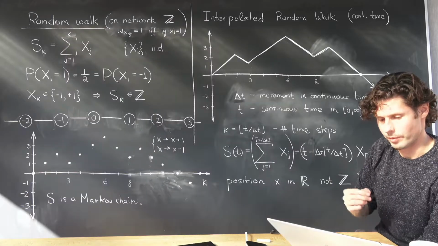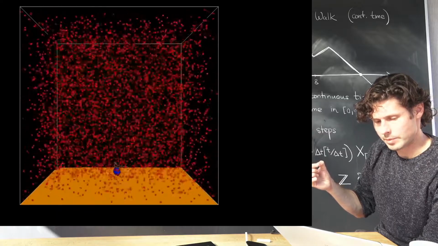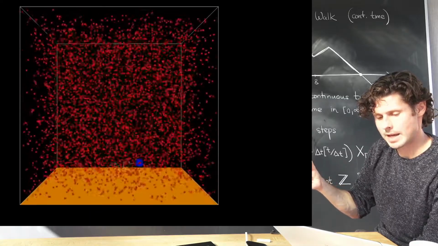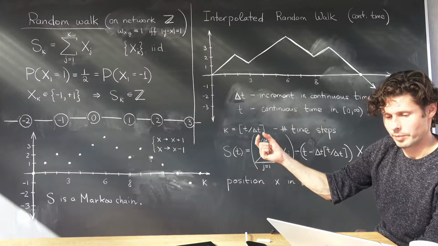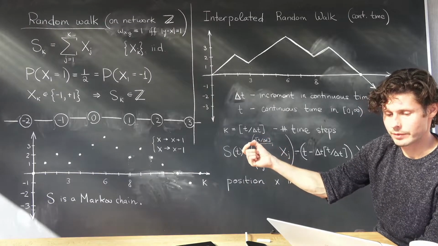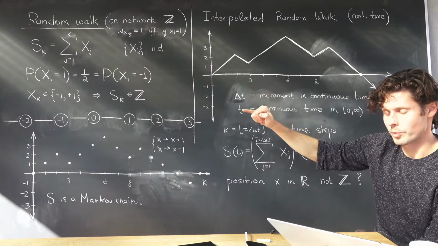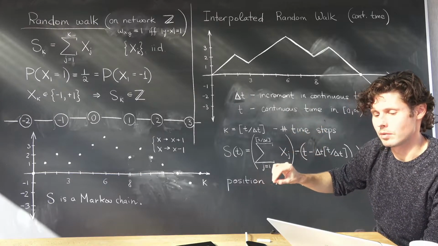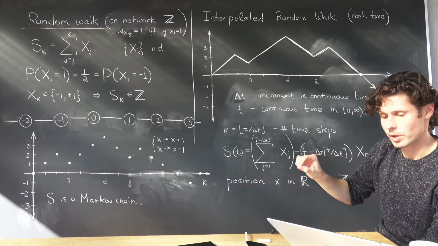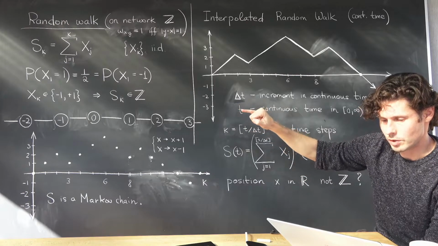So it's getting hit from the left and the right, and every time it gets hit, a small amount of time, delta t, passes, during which it gets displaced. In our one-dimensional case, it gets displaced either to the left or to the right, and we're going to say it's going to happen in this small increment of time, delta t, and we're going to take this delta t down to 0. In fact, we're going to make it smaller and smaller and smaller. What I'm accomplishing by doing this is actually transitioning to continuous time.